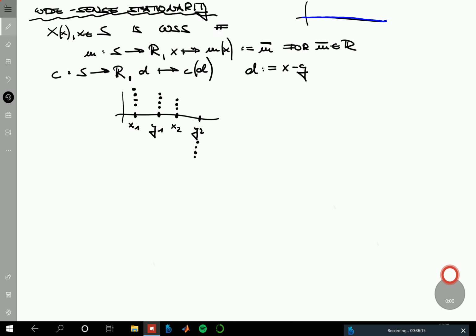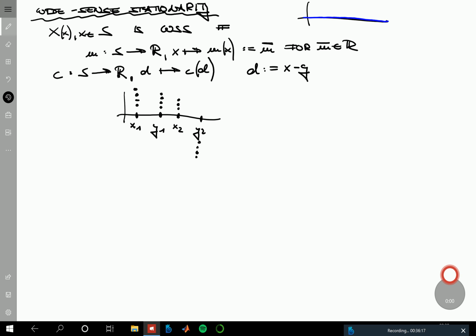Now, this wide sense stationarity says whenever 2 points have the same distance from each other, they have the same covariation, because the covariation is just a function of distance.